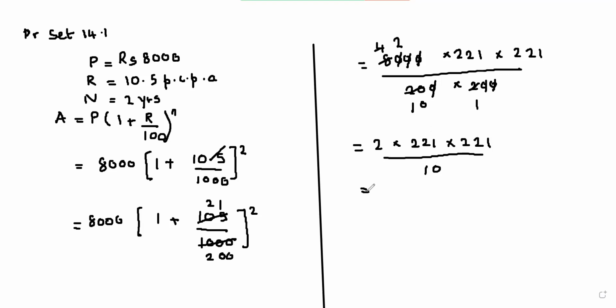Kindly multiply 221 into 221 into 2, 97682 divided by 10.